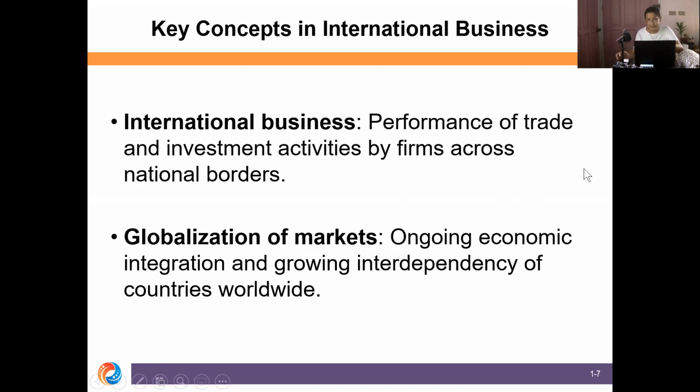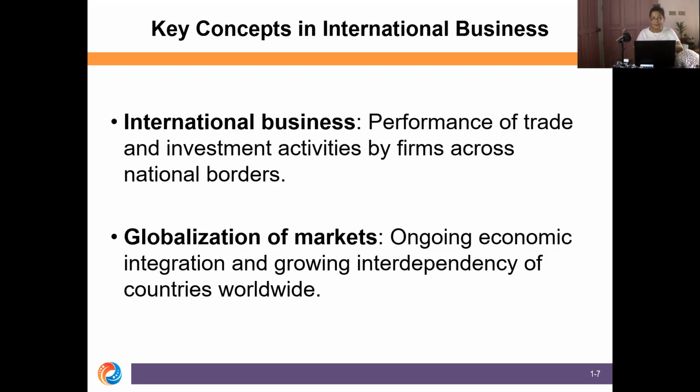When you say international business, this is a business wherein the performance of trade and business activities is done across national borders. So, it's not limited to one location, but it extends across national borders.